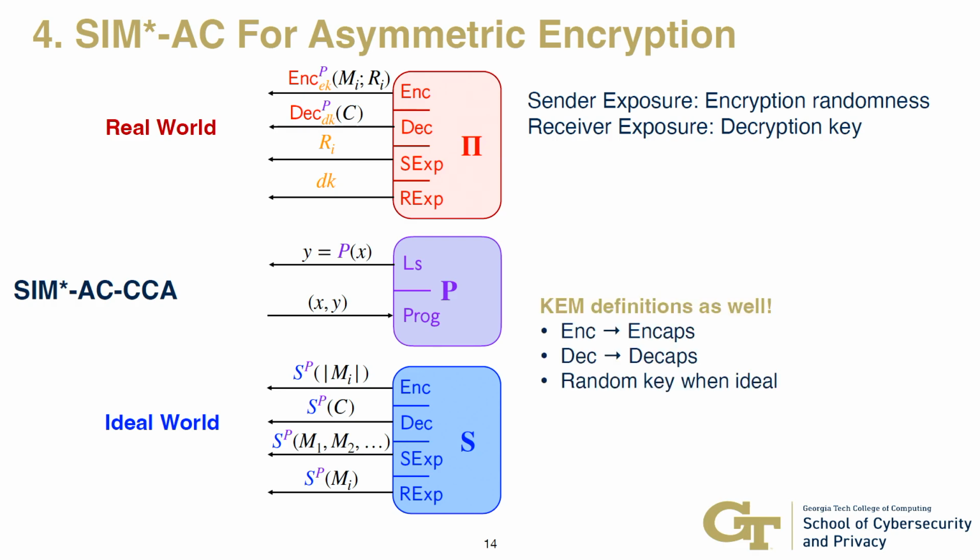I also give definitions for key encapsulation mechanisms. It's basically the same thing. You just switch encryption and decryption with encapsulation and decapsulation. And in the ideal world, in response to encapsulation, the key is chosen uniformly at random, not known to the simulator. It's given later to the simulator on exposures.